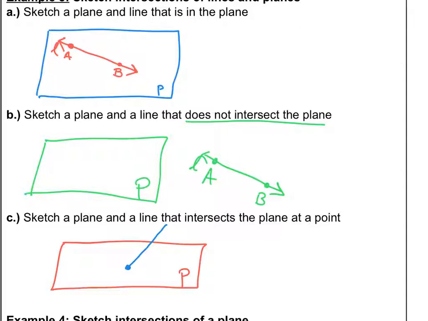We'll call this point A, and point B is out here. Now, to make it look like it goes through the plane, we're going to dot that line while it's underneath and then extend it here. And then I'll also give it its other name of L. So in this picture, it looks like we have this plane and a line that goes through it, intersecting at that point. Okay?